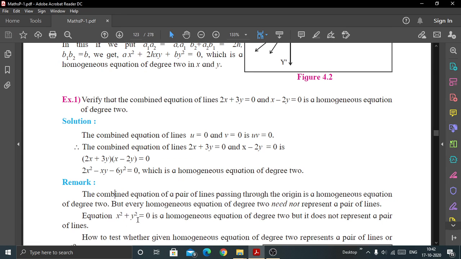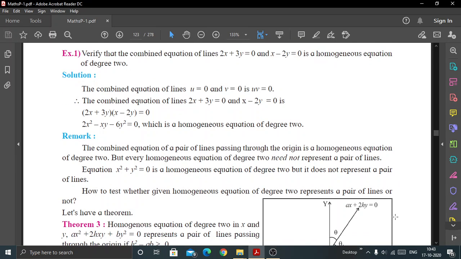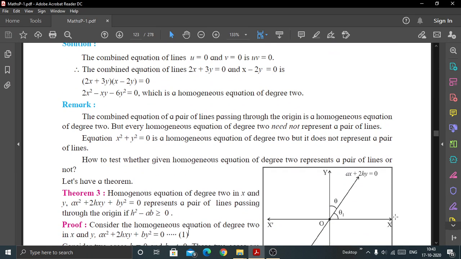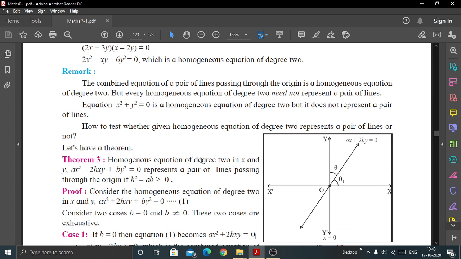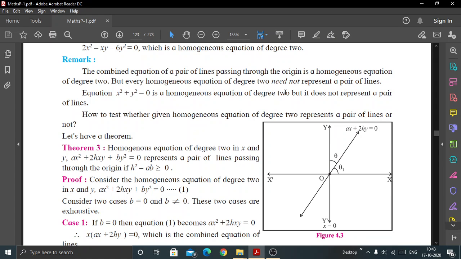The equation x square plus y square equal to 0 is a homogeneous equation of degree 2, but it does not represent a pair of lines. How to test whether a given homogeneous equation of degree 2 represents a pair of lines or not? There is a theorem for this. This theorem will be discussed in the next period or in the next video.